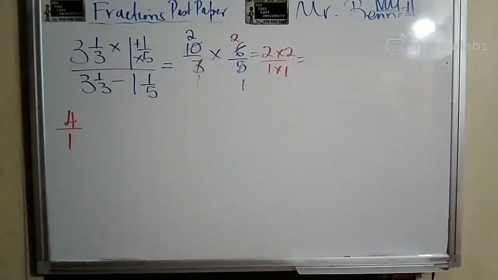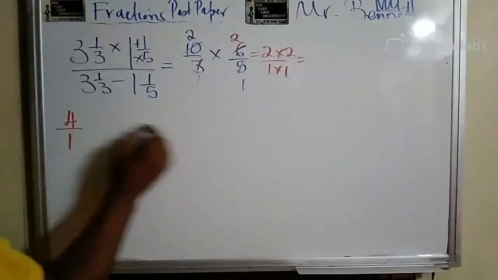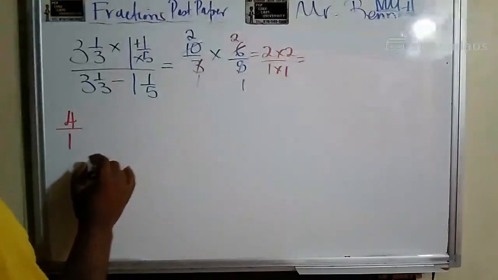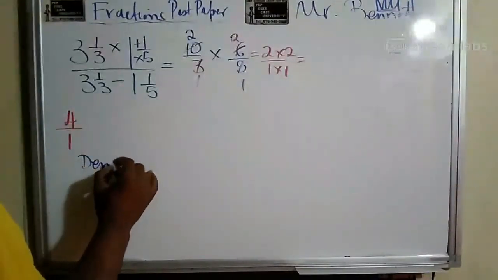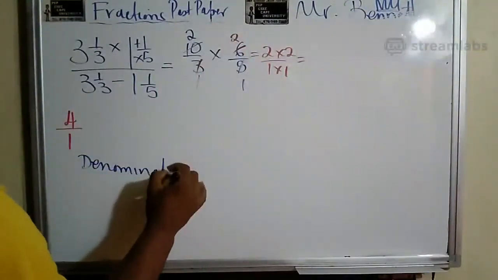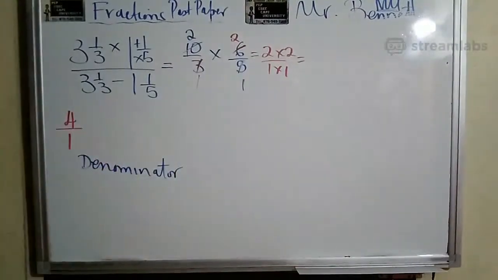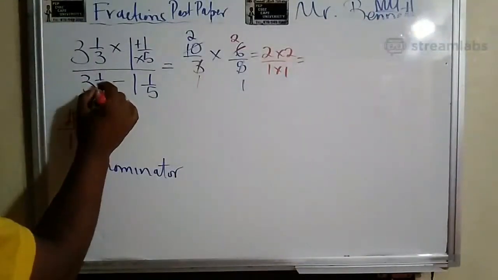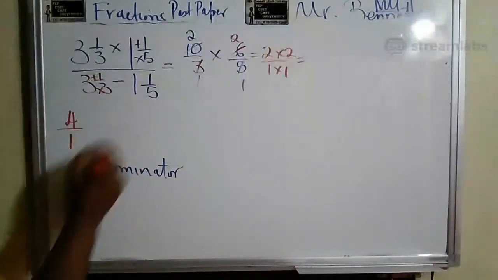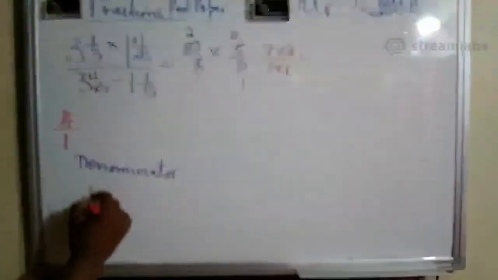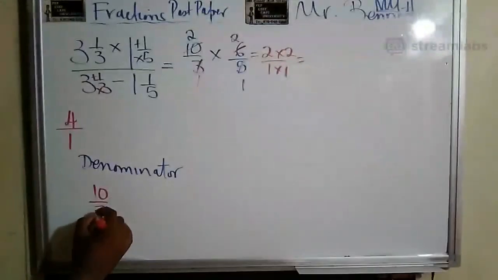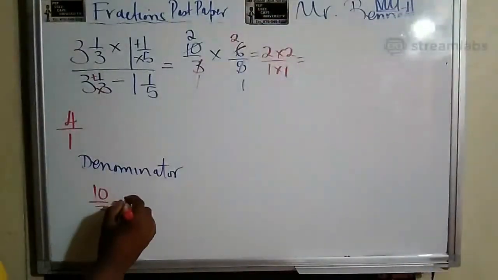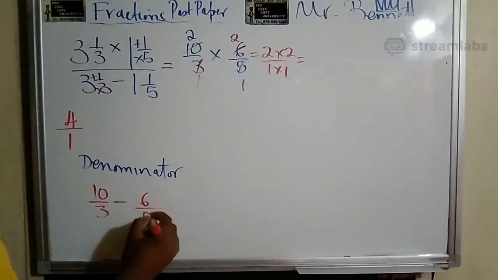Alright, let's work the denominator now. So it's 3 and 1/3 minus 1 and 1/5, right? So 3 times 3 is 9, plus 1, the same thing as this. So it's 10 over 3. This time, minus 6 over 5.